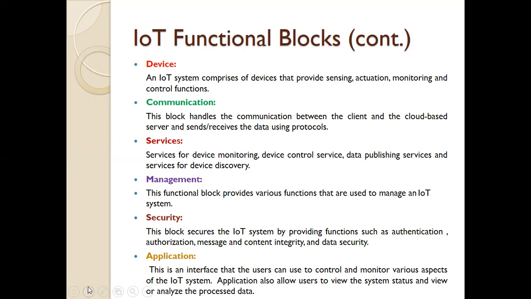Management. This functional block provides functions that are used to manage an IoT system. This particular block manages all the parts. Security. This block deals with the security features of any IoT system. It provides functions like authentication, authorization, message and content integrity, and data security.